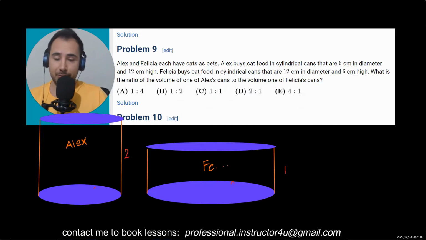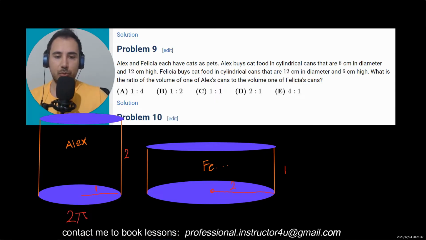Now let's follow the formula. For Alex, it's going to be pi r squared. Pi times, what is 1 squared? 1 times 1 is 1, multiplied by the height, which is 2. So all of this is actually going to be 2 times pi, so I'm going to write this one as 2 pi.